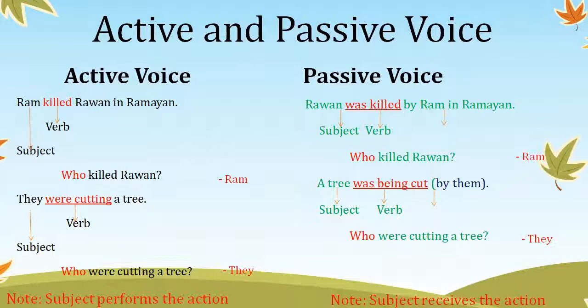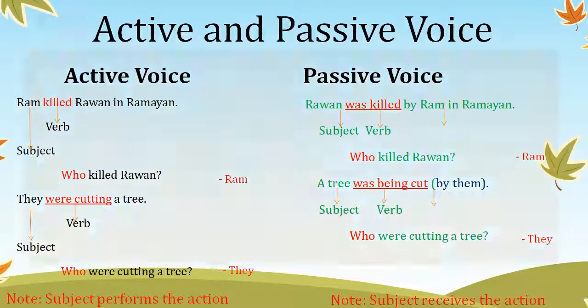Look, caught is the B3 form and before it there is the be verb, that is being. So that is what I am telling you. In passive the verb is in the B3 form, and before this there must be a be verb: am, is, are, was, were, be, being, been. You should not forget about it. Okay, that is the rule about the active voice and the passive voice. That is the way to understand active voice and passive voice.